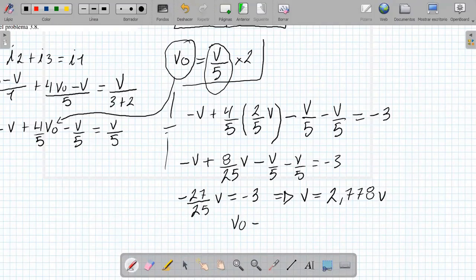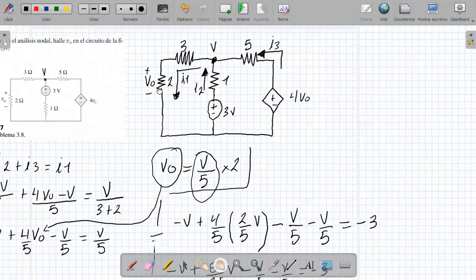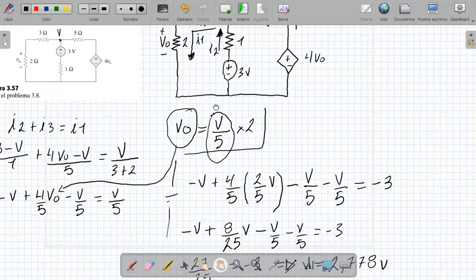So V sub 0 is equal to V over 5, 2.778 over 5, times the resistance 2, which is 1.11 volts. So that is the voltage V sub 0 for this circuit.